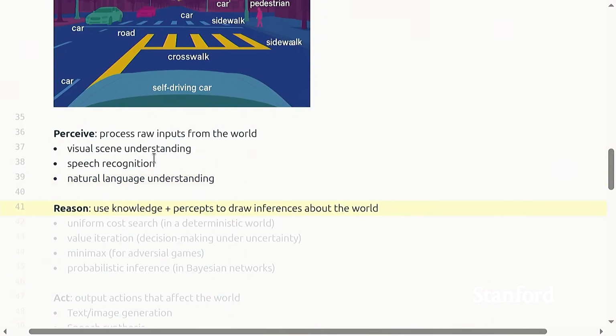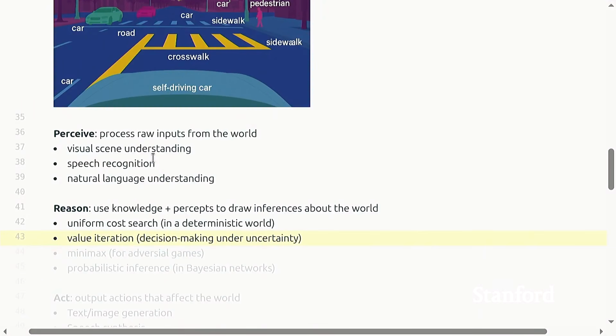And then there's reasoning, which is using the knowledge and the percepts that you have to draw inferences about the world. We're going to see a number of techniques in this class, starting with things like uniform cost search. If you're operating in a deterministic world, how you can find the shortest path. Or value iteration, as we'll see when we talk about Markov decision processes.